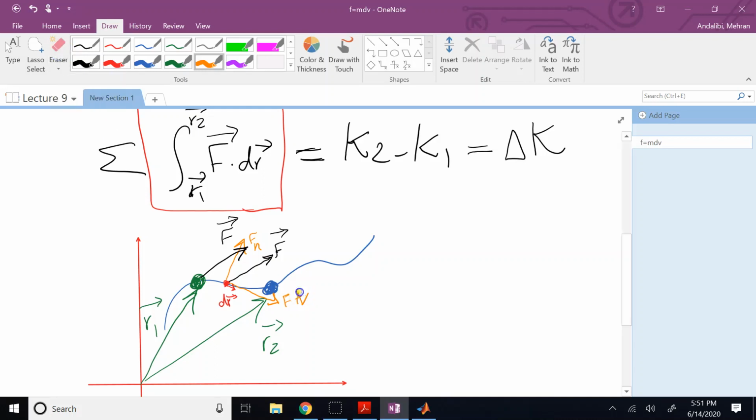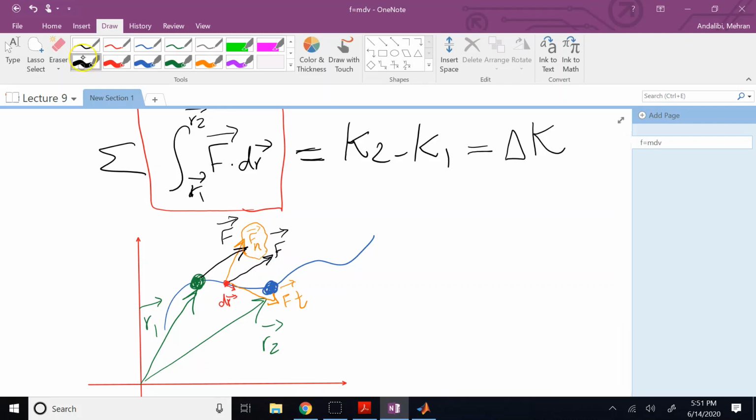So clearly the work done by force F can be written as the summation of the work done by Fn plus the work done by Ft. But let me ask you, how much work do you think Fn is going to do on the particle?